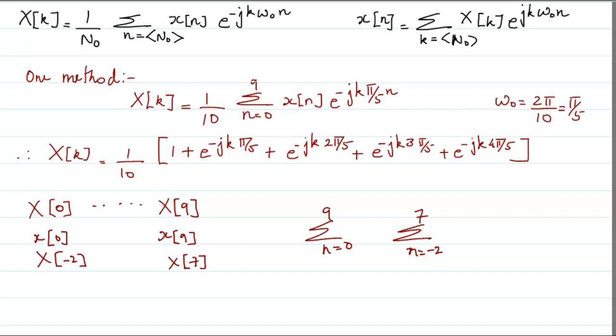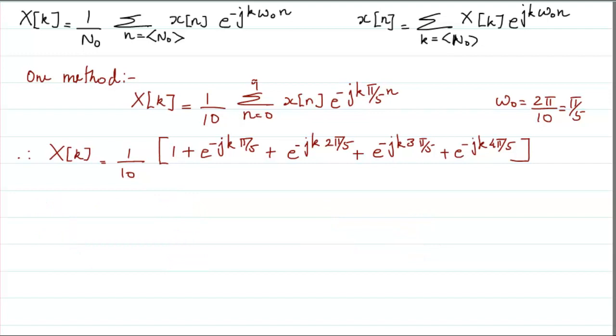So like that you can find the different values using the calculator. Already I told you how you can find it using a calculator. You can just use 1 by 10. So this becomes 1 plus the magnitude of 1 angle of minus k pi by 5 plus e raised to power, again I have to write it in terms of polar, so 1 angle minus k 2 pi by 5 plus, like that all the way we will go.